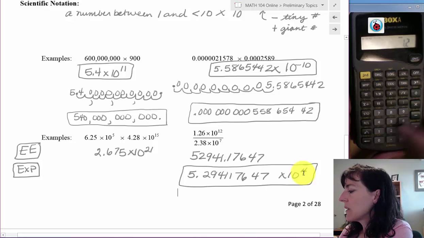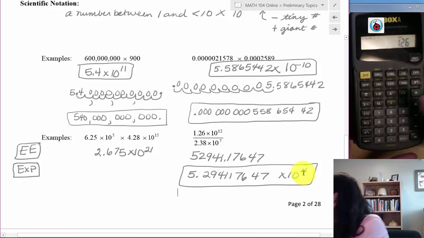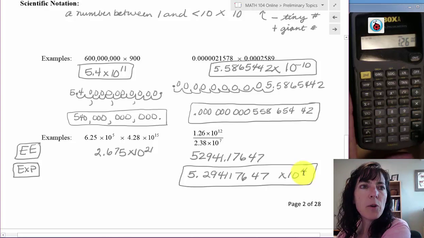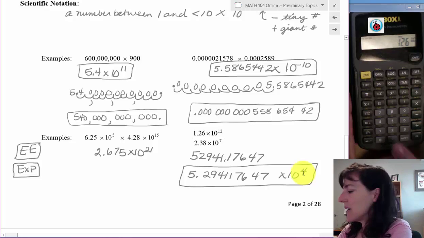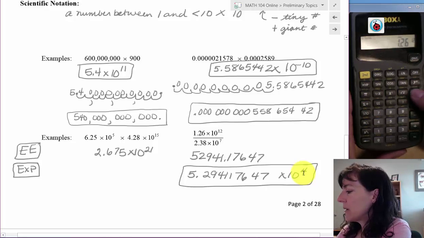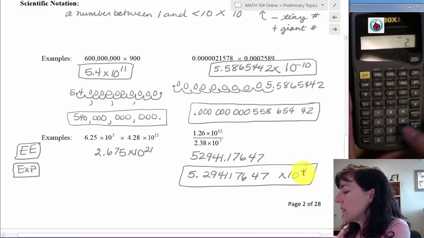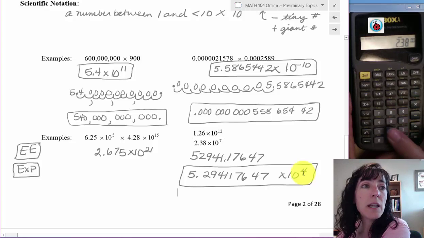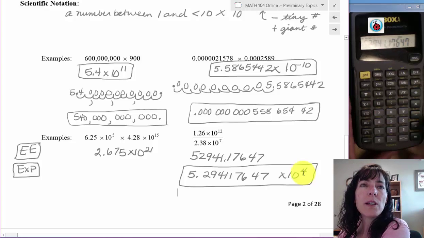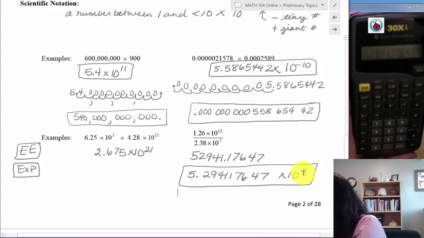And I'm going to show it real quick on this calculator. 1.26. And for this calculator, my E button doesn't need a second, but then it shows it not as nicely. So I have to put the 12 in, and then divided by 2.38 EE 7, equals, and it gives me my result.